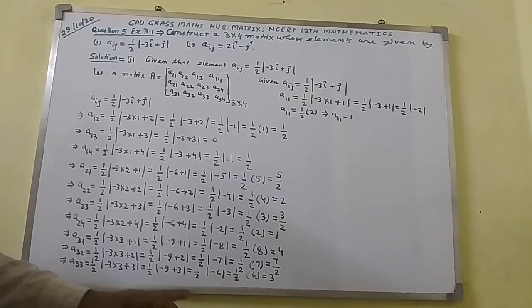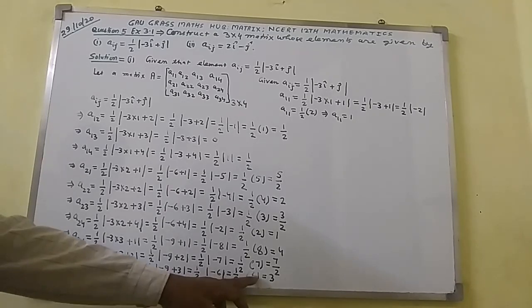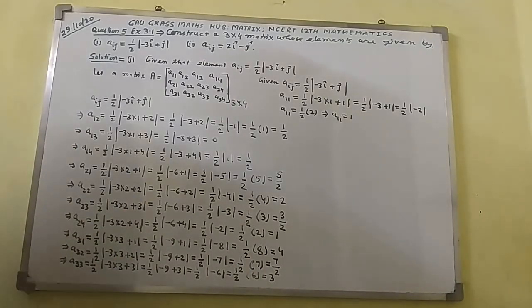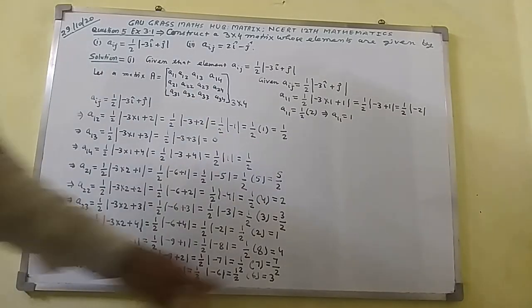Here you can see 1 over 2 mod of minus 6 will be 6, 6 over 2 will get only 3. The value of A input double 3 you have got is 3.